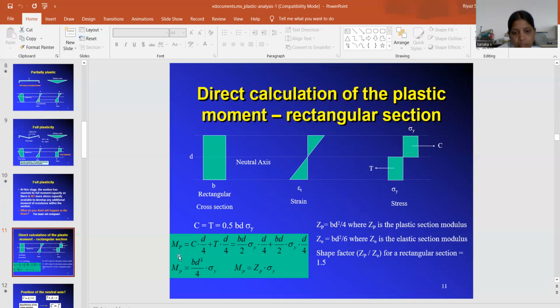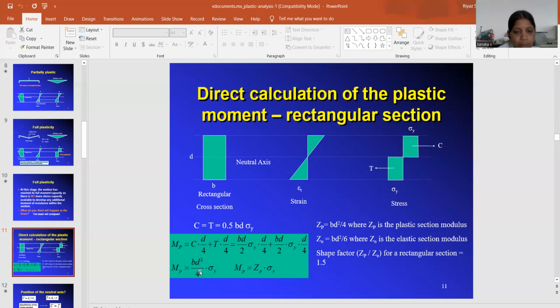The plastic moment MP equals C times D by 4 plus T times D by 4. So B D divided by 2 times sigma y times D by 4, plus B D divided by 2 times sigma y times D by 4. The plastic moment MP equals B D squared divided by 4 times sigma y.